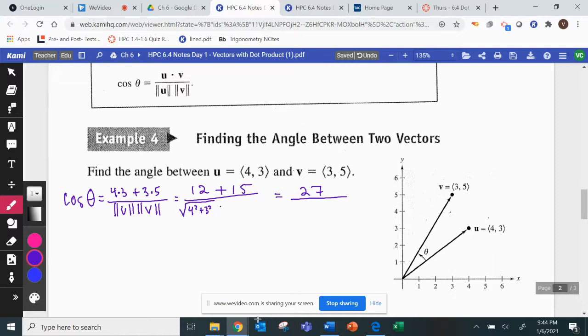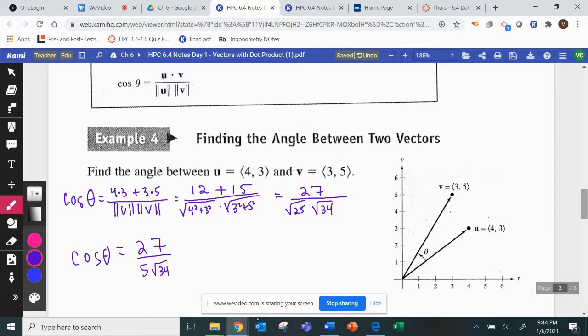And then we're going to multiply that with the square root of 3 squared plus 5 squared. So that's going to give us the square root of 25 and the square root of 34. So I can simplify that a little bit further. 27 over 5 square root 34. And that's what cosine theta equals.